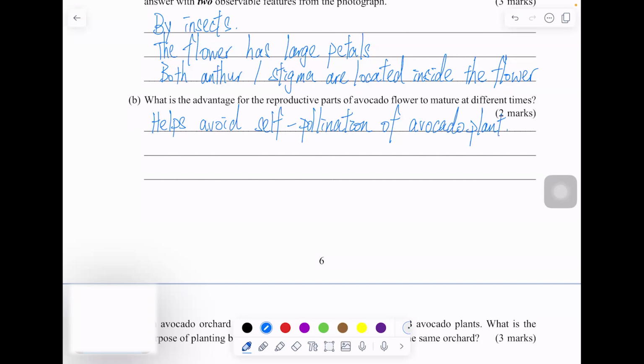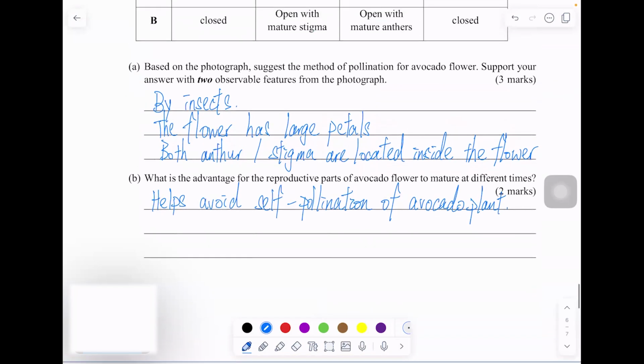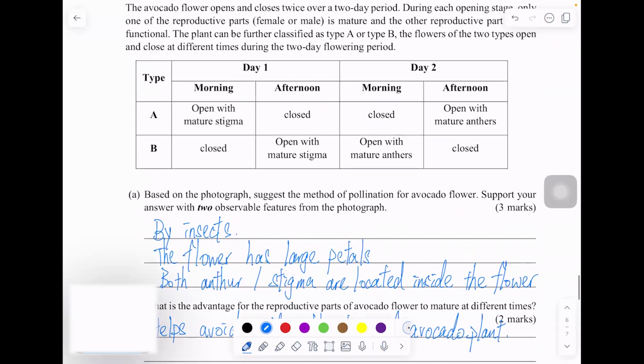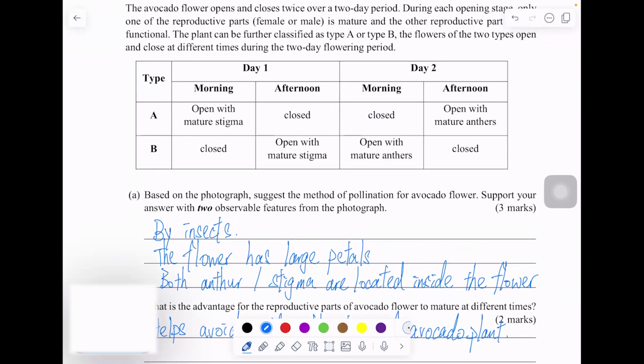Why? Because we can see from this part, in fact, on day 1, maybe it only opened with the mature stigma in the morning, while until day 2, it will have the opening of the mature anther. Then in this case, maybe the mature stigma already fertilized. That means it already received the pollen grain from the other plant. Then they already fertilized the ovule.